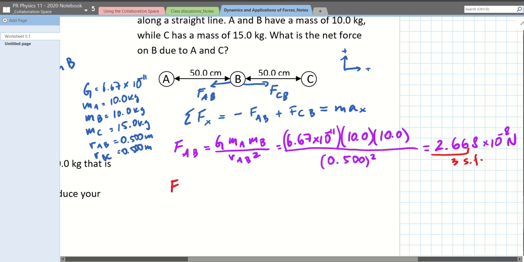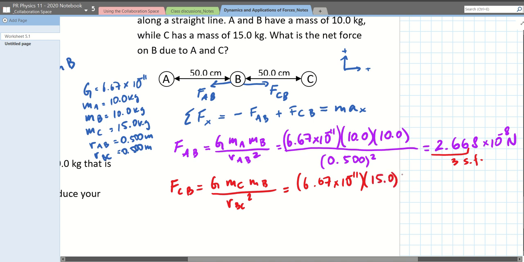Let's do the force CB. So again, we're dealing with mass B and mass C. So we have our C, B, and I call this BC here, squared. So 6.67. So mass C now is 15 kilograms, 15.0, and B is 10.